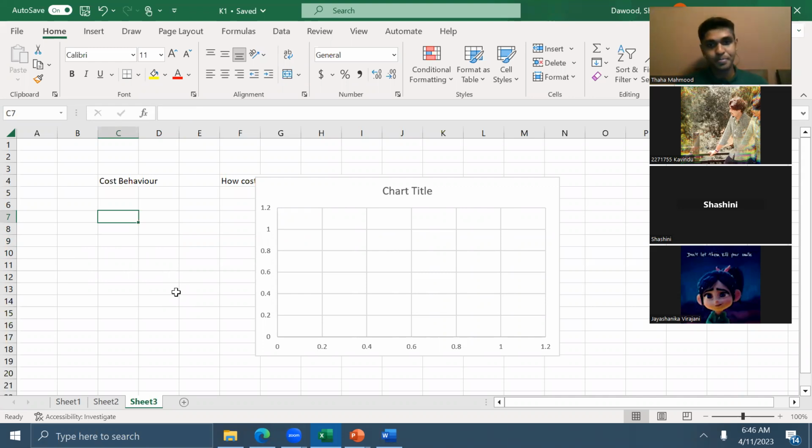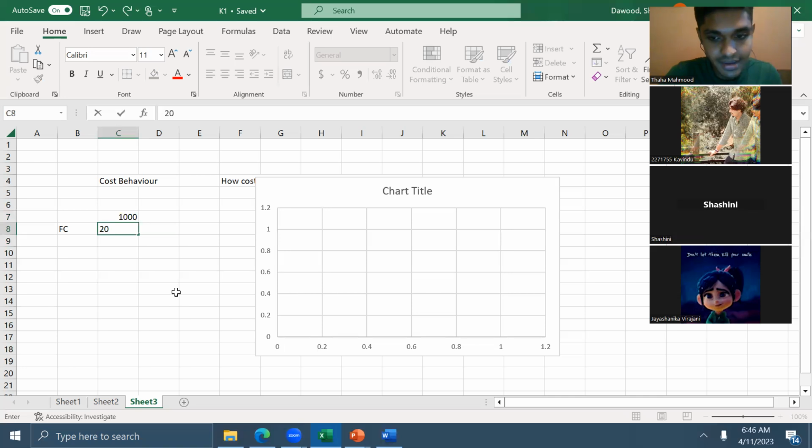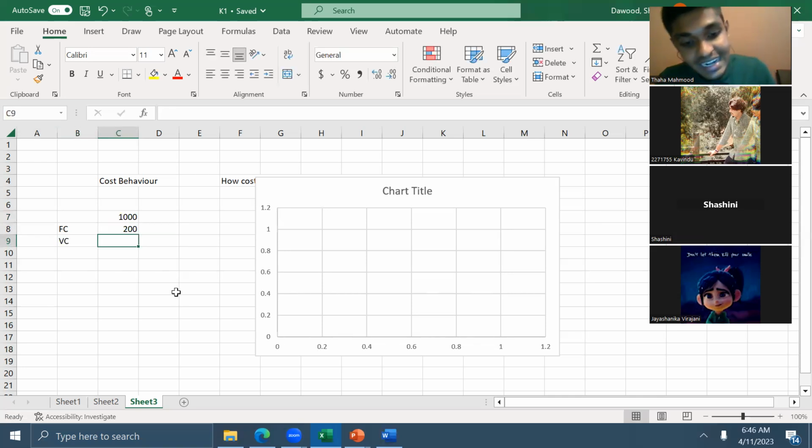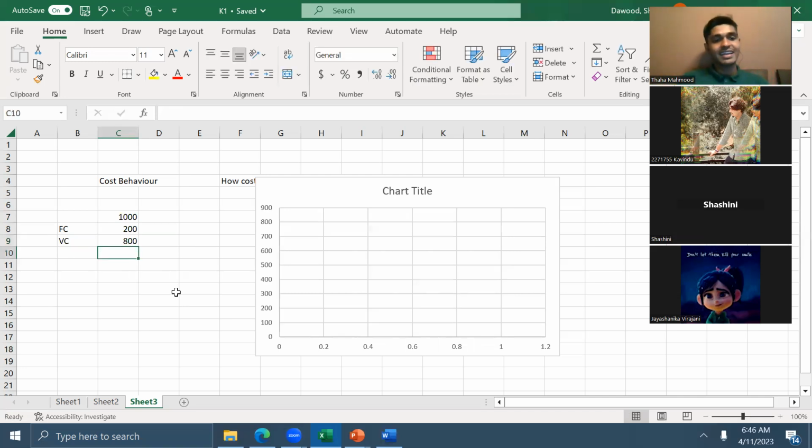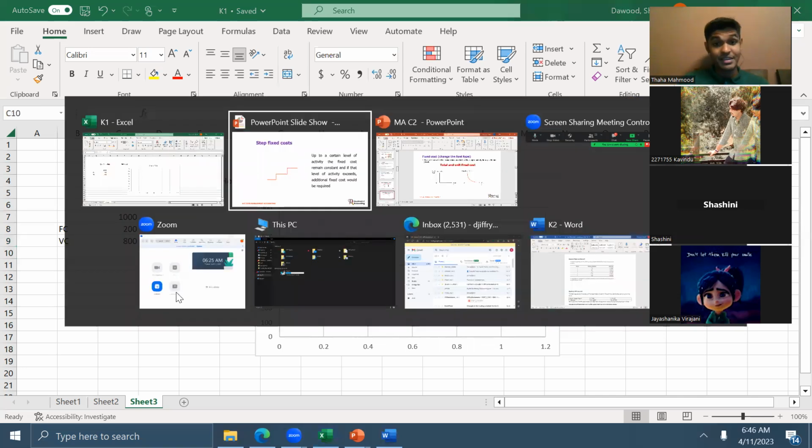Same with the telephone. So that fixed portion is there in the total cost. Electricity bill 1000. There is a fixed cost portion, which is let's say 200, and there is a variable cost portion that varies according to the amount of electricity we consume. So that's what we call semi-variable cost.